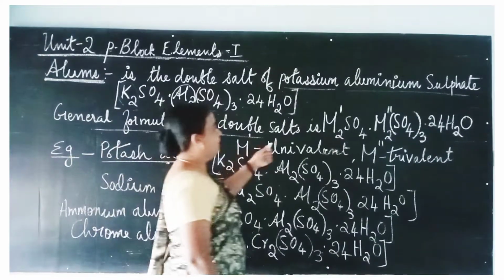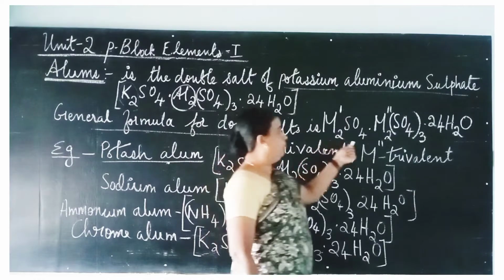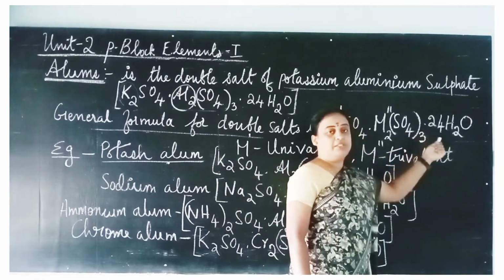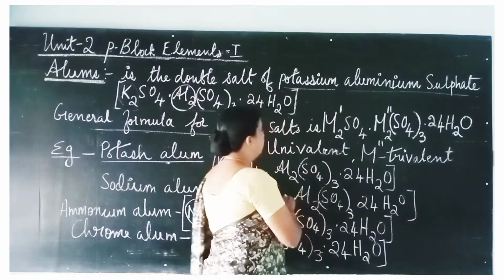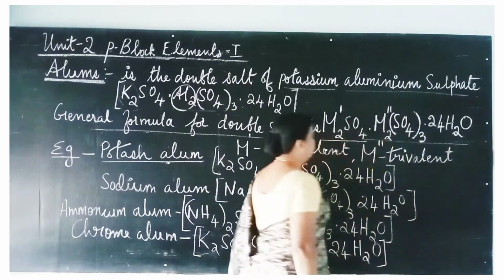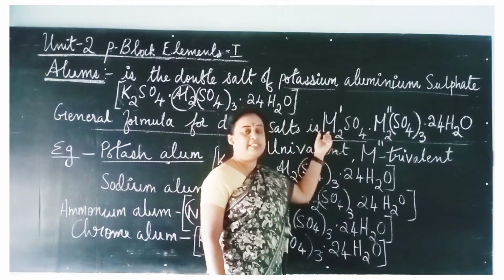That general formula is like this: M2SO4, M2(SO4)3 with 24 water. This is the general formula for the double salt. Here M is a metal.